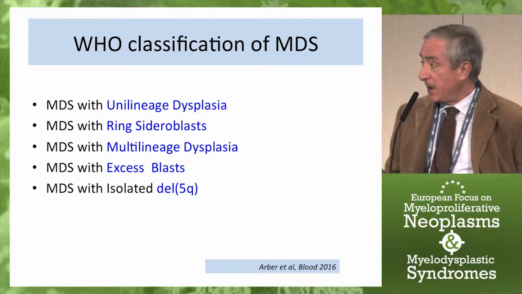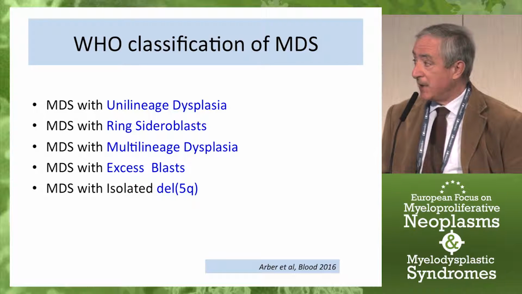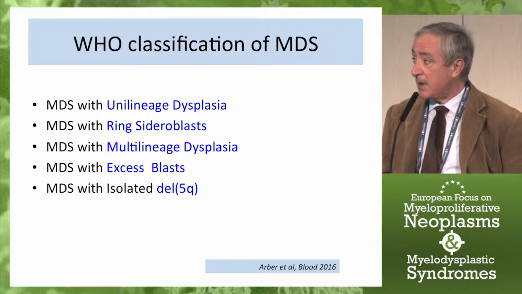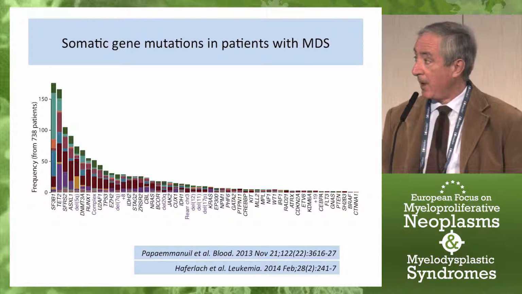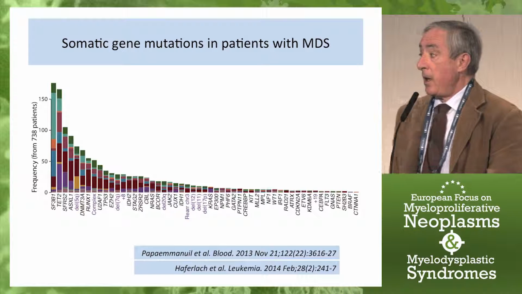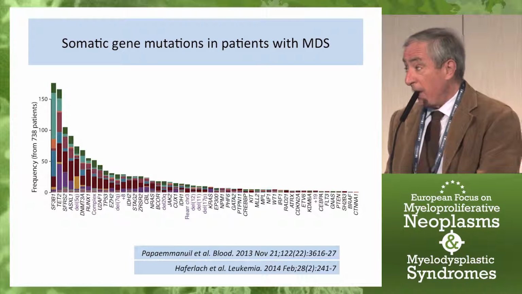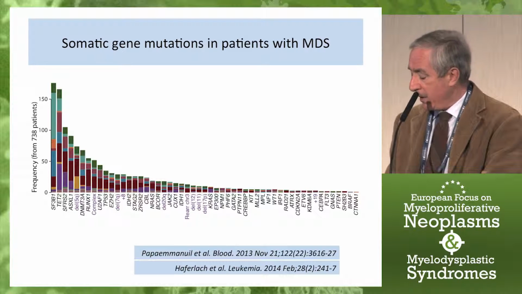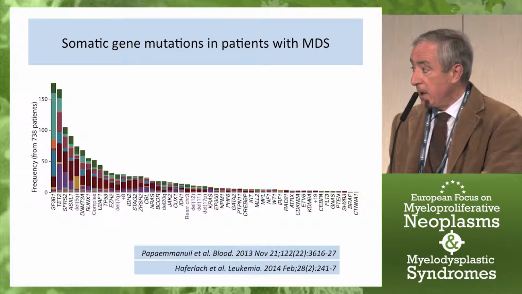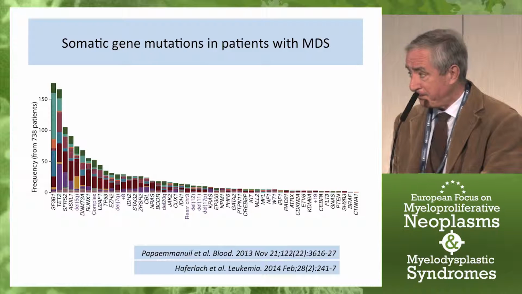We have seen so far the genetic basis of MDS with ring sideroblasts, but what about the remaining conditions? The genetic basis of all myelodysplastic syndromes is very complex, and I am here comparing two studies, one by Papaemmanuil published in Blood, and the second one by Haferlach published in Leukemia.